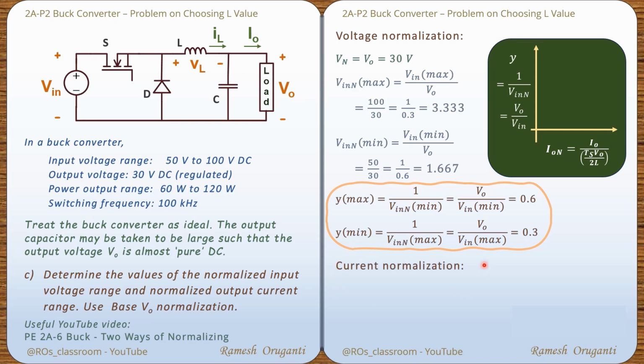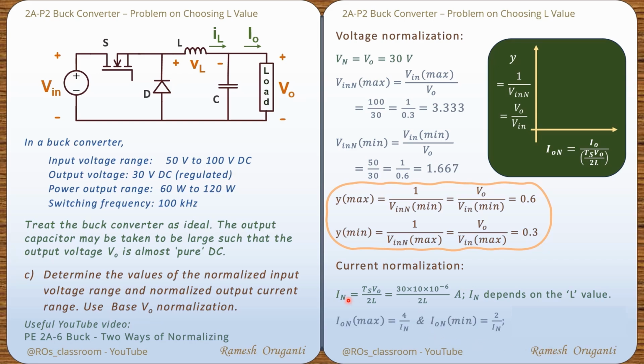The current normalization factor in base V0 normalization is given by Ts V0 by 2L. Ts is 10 microseconds, V0 is 30 volts, L is something that we need to determine, so we do not know it yet. So this IN value will depend on the L value. ION max will be 4 amperes divided by the current normalization factor IN.